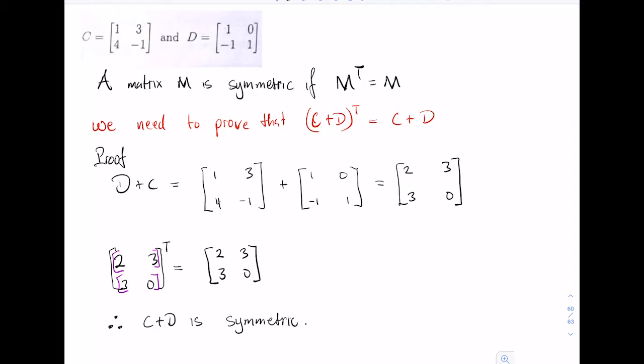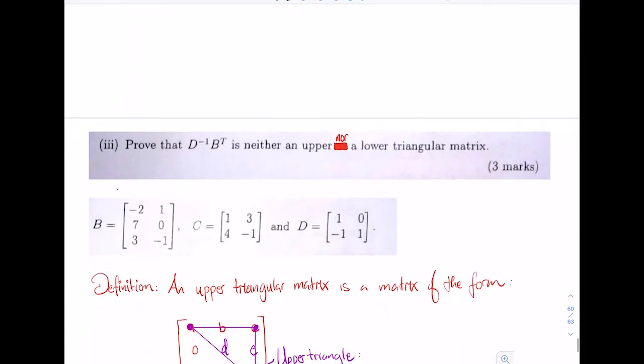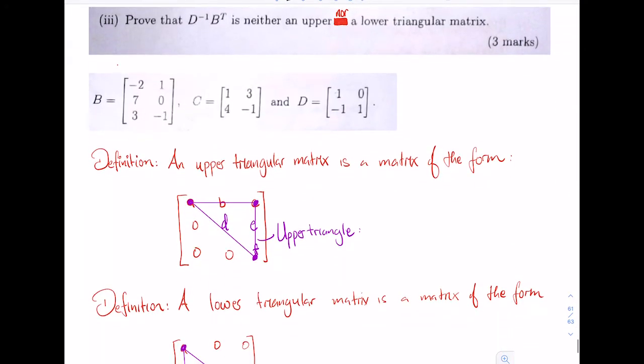Okay, moving right along. The next question asks us to prove that D inverse times B transpose is neither an upper nor a lower triangular matrix, right? And in order to prove this, we need to recall the definition of a triangular matrix, okay? So here I have for us two definitions.